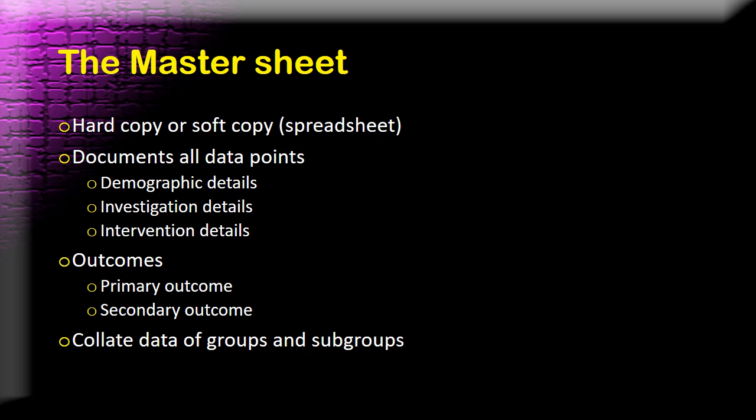The documents that you use, the spreadsheet, must always have all the demographic details, the investigation details, and the interventions details. And there may be several data points for each of these subheadings, and all of them must figure in your spreadsheet or the master sheet.